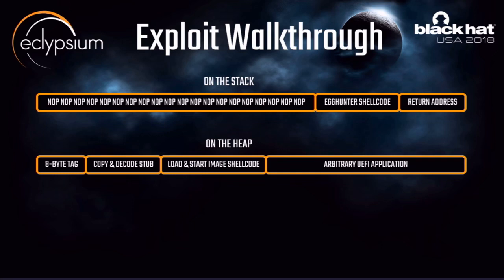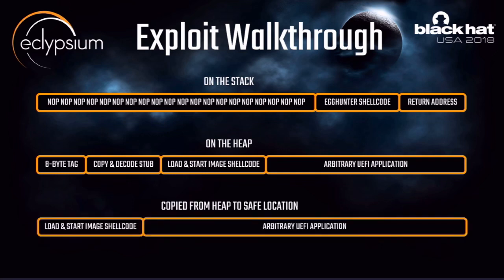So we basically need to copy ourselves out of the heap into a different location, and then from there we can call the load image and start image functions and provide whatever arbitrary UEFI applications we want after that. We could use some functionality that's built into the system. We could bring up network connections. We could use the NTFS driver, but we could basically do whatever we want at this point.